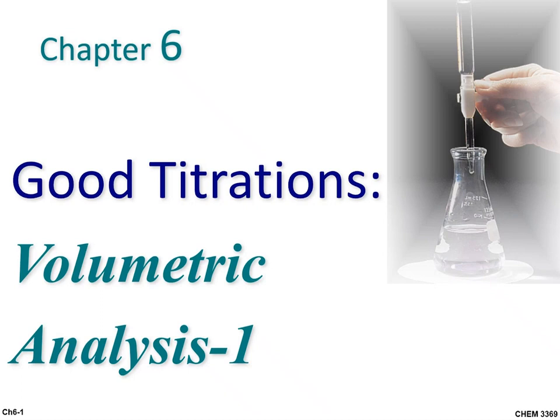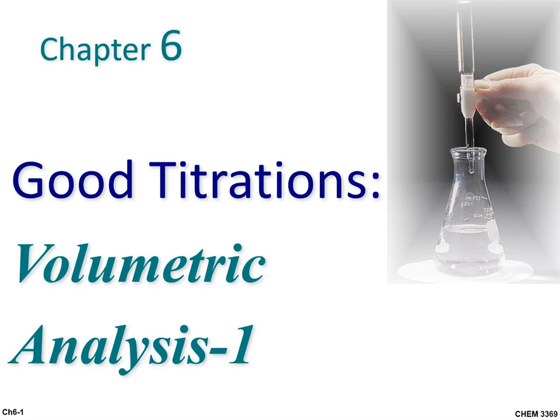Now, all these methods have in common that they are based on a reaction between the analyte, the species whose concentration we're trying to determine, and a standard reagent that is known as a titrant. The reagent for which we do know the concentration is called a standard titrant, or titrant in short.